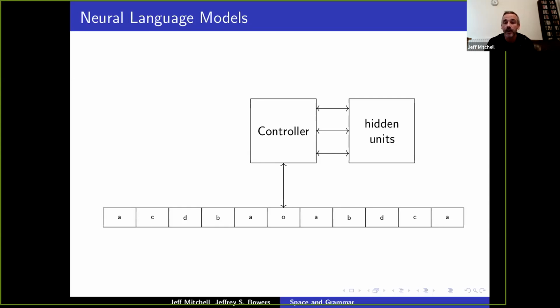One of the popular architectures is an LSTM. Basically that has 3 types of gate: an input gate that writes to the hidden units, an output gate that reads from the hidden units, and a forget gate that essentially controls the recurrence. It controls what is held in memory and what is forgotten.